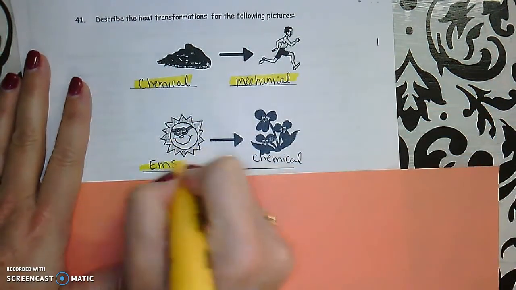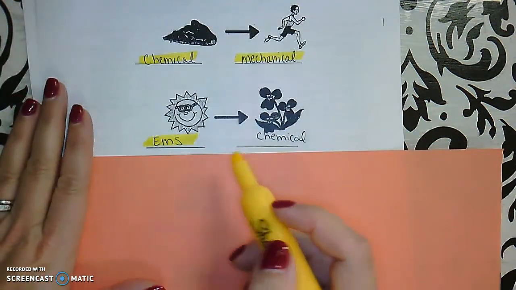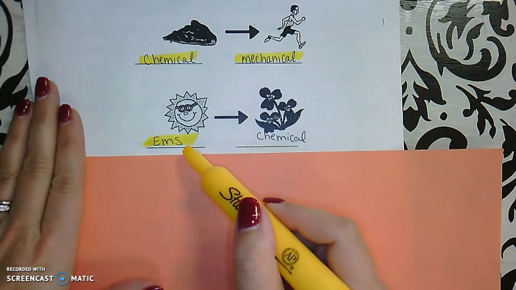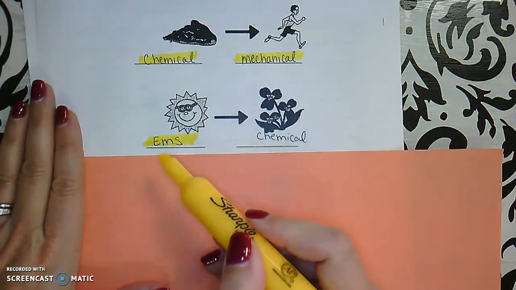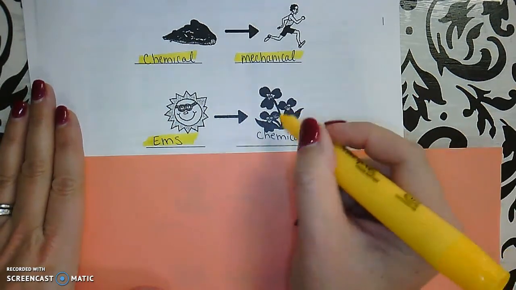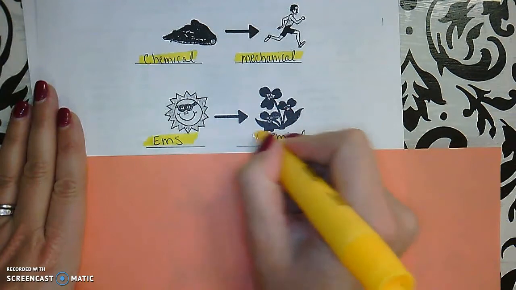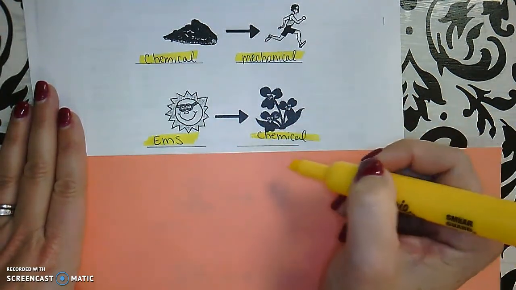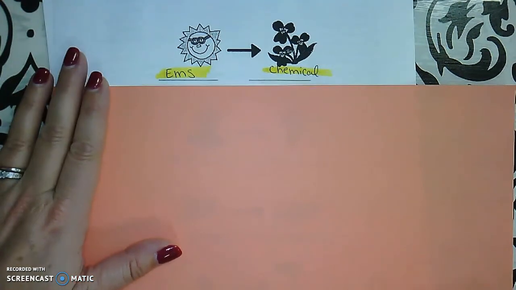The sun, we're going to say, is electromagnetic spectrum, EMS, which is light. It could also be thermal, which is heat. It could also be nuclear fusion, F-U-S-I-O-N. And then the plant is going to be chemical because of photosynthesis that takes place, and it makes glucose.